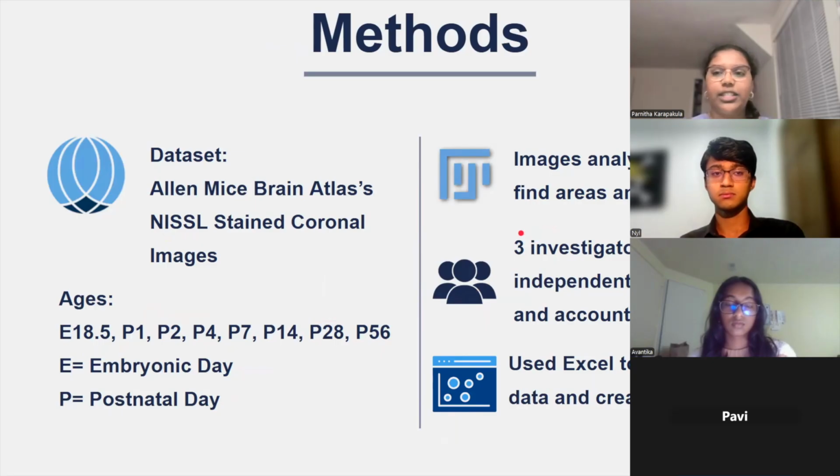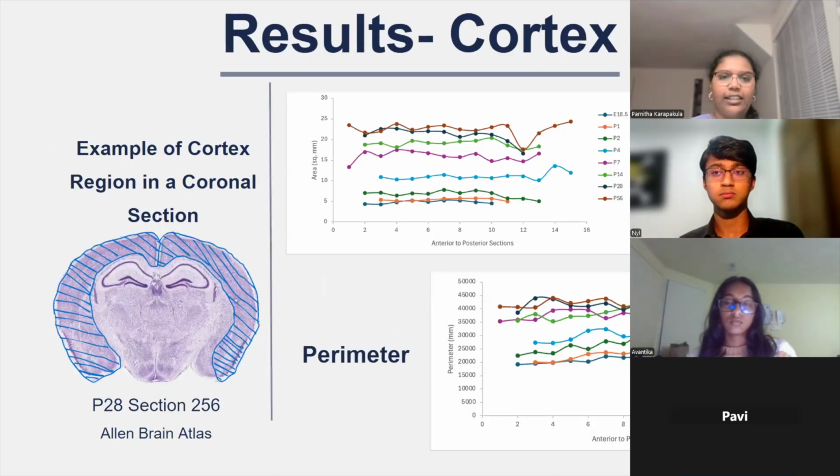We used Fiji, a software you can outline and get data from. We used Fiji separately and then combined our data to reduce bias and account for any human error. Using Excel, we created scatter plots, and these were our results.